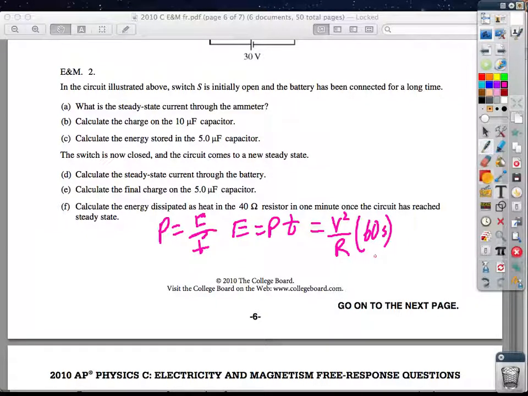You can put IR, you can put I squared R, you can put IV, but you can't do V times T, because V times T is joules per coulomb times seconds. That doesn't do anything. Alright, so then V squared is 20, so that's 200 divided by 40 is 5. 5 times 60 is 300 joules.